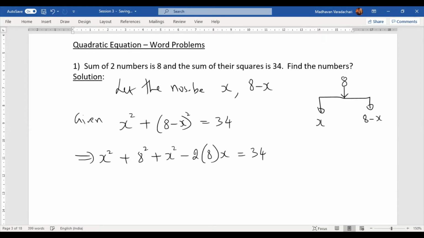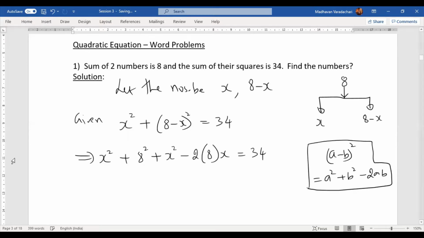Simply using that algebraic formula to expand this.